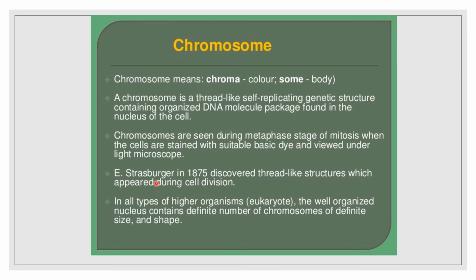And who is the scientist who discovered a thread-like structure that appeared during cell division? None other than the scientist E. Strasburger in 1875. Now, in almost all types of higher organisms, that is eukaryotes, the nucleus contains a definite number of chromosomes, and each chromosome has a definite size and shape.